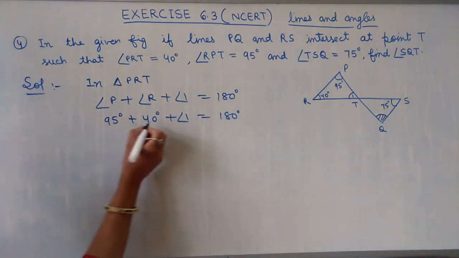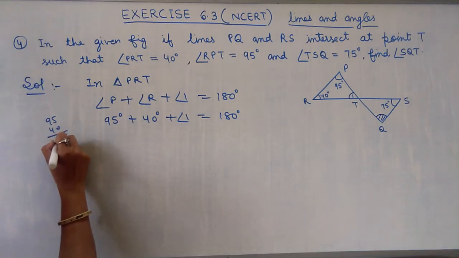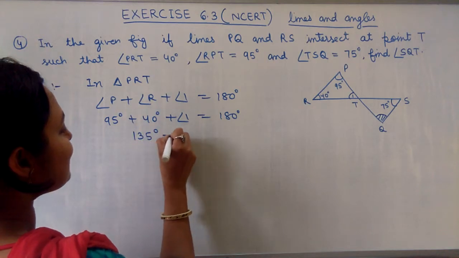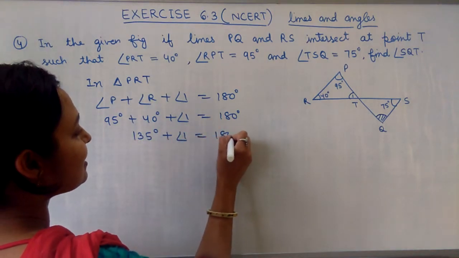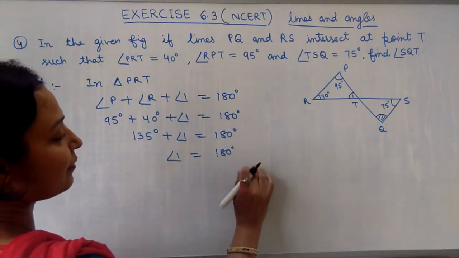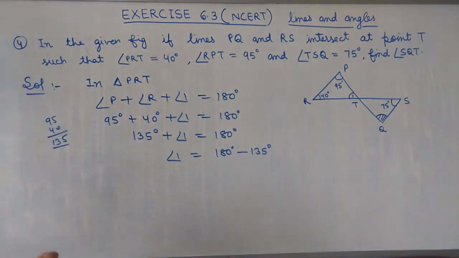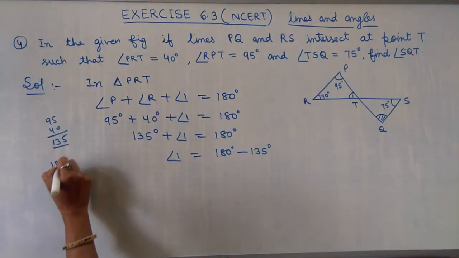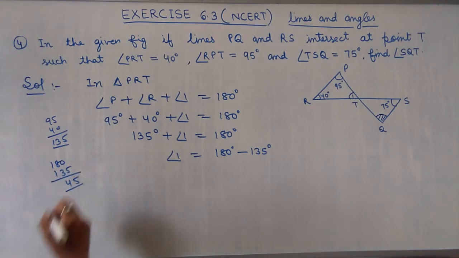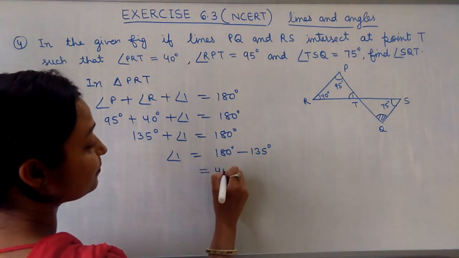Now I add these two: 95 plus 40 is 135. So 135 plus angle 1 equals 180 degrees. I will find the value by subtracting 135, which goes to the other side with a negative sign. Subtracting 135 from 180 gives 45. So I will write the value 45.